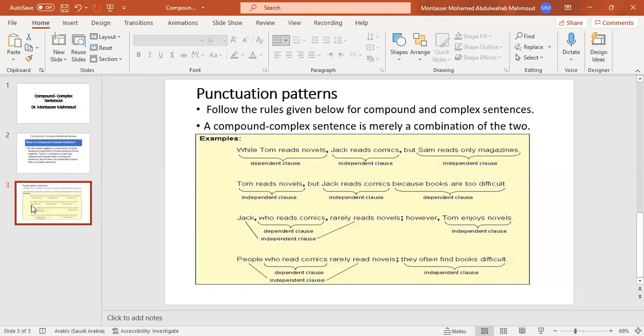Here, when you use a relative clause like who reads comics, after the subject Jack and before the verb reads, you use two commas, one after the subject Jack and one after comics. And here we use the conjunctive adverb however.